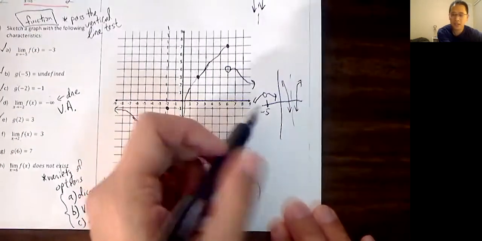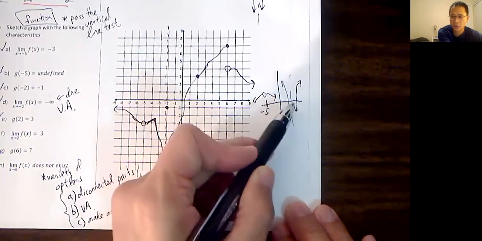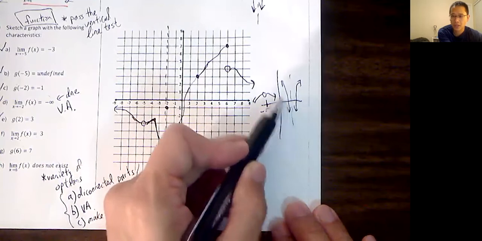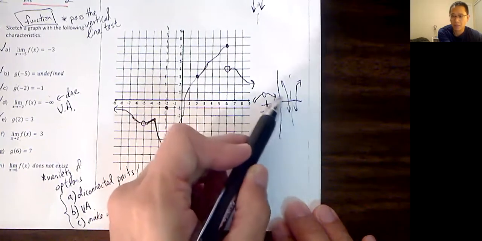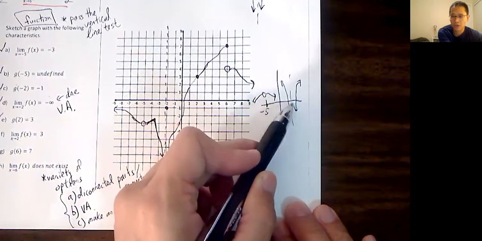When I see this, I'm going to follow the path of the arrow. This arrow looks like it's going to continue and cross through another graph, and that's going to make it where it's not going to be a function anymore.